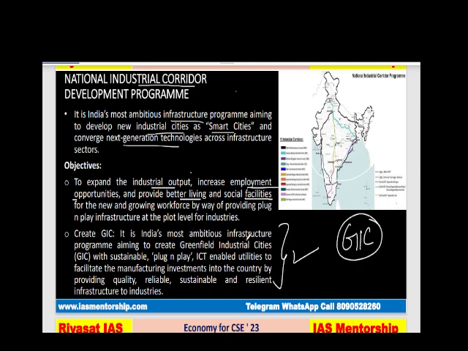Greenfield industrial cities will aim not only to invest in the infrastructure, but also ensure proper environmental conservation as well. That is why environmental conservation will be there, proper management will be there, quality will be there, reliable and sustainable will be there. So this is your greenfield industrial city.